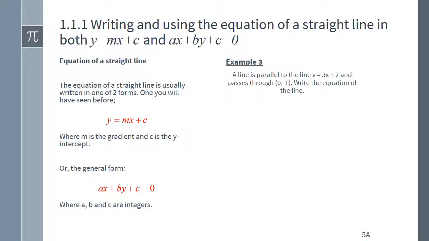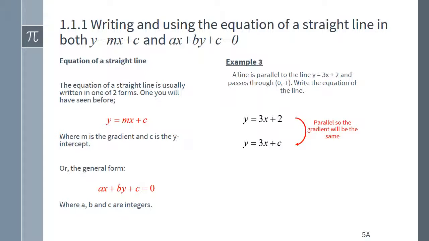A line is parallel to the line y equals 3x plus 2 and passes through 0, minus 1. Write the equation of the line. Parallel lines have the same gradient. So if we're looking at y equals 3x plus 2, we can see that the gradient of that line is 3.